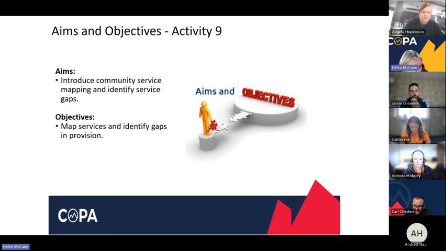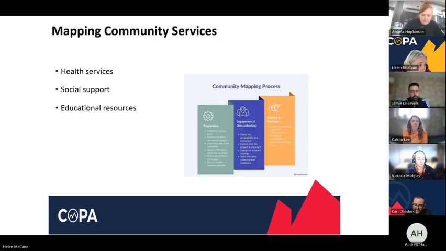So by the end of this activity, you'll have a clear understanding of where improvements are needed in your organisation's wellbeing services. So mapping community services. We'll look at the different types of services we should map, including health, social support and educational resources.